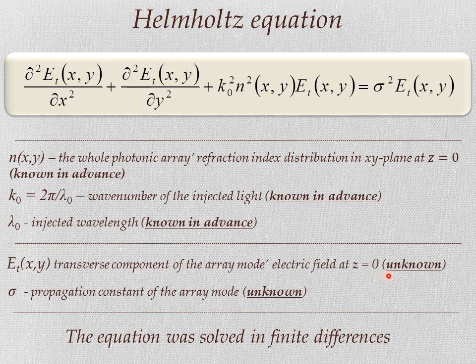These are unknown, while k0, which is equal to 2 pi over lambda 0, where lambda 0 is the injected wavelength, and n, the whole photonic array refraction index distribution, are known in advance.